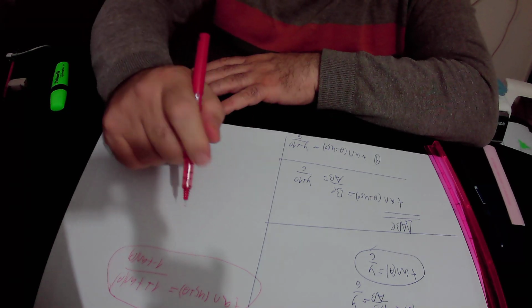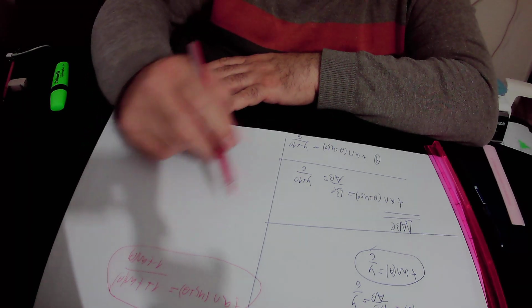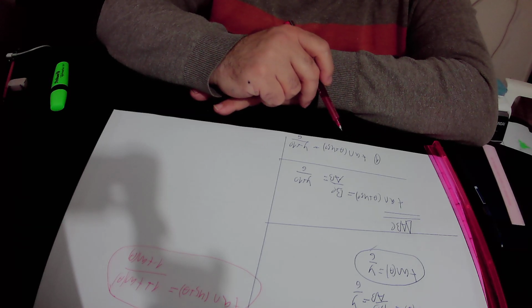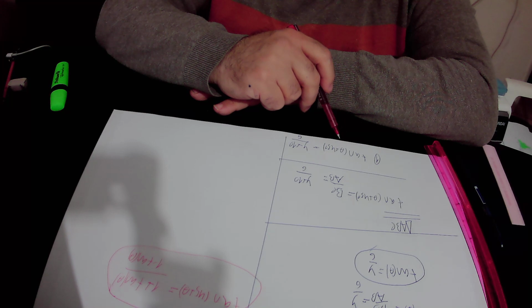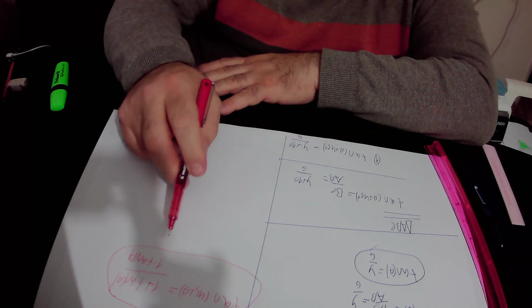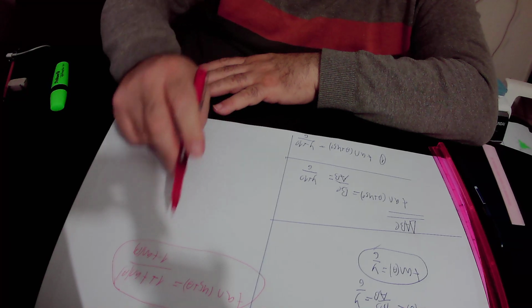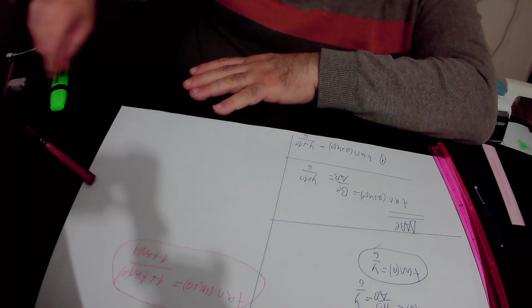So we can use this trigonometric identity for tangent of theta plus 45 degrees, and we substitute it by this identity.